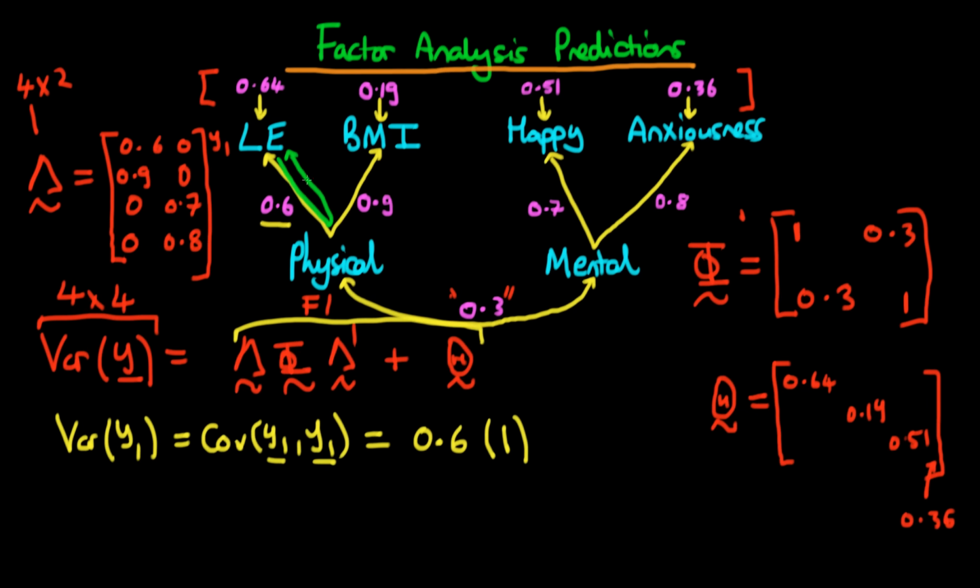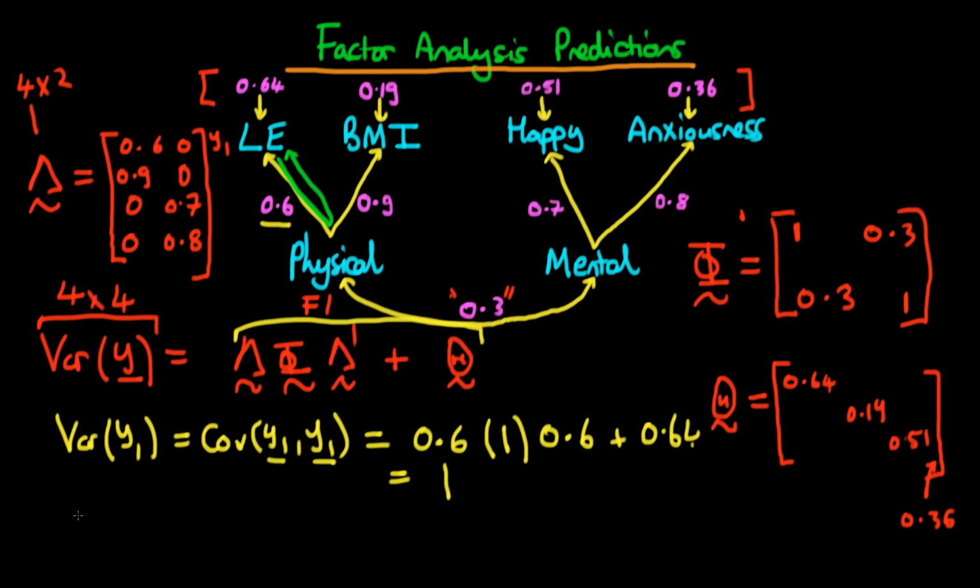And then finally we walk back up to life expectancy, and we are going to encounter 0.6 again, so we get a final 0.6. One more thing, because we're talking about the variance of a given indicator, we also have to add the variance of its error term, which in this example is just going to be 0.64, which if you actually do the arithmetic here, adds up to 1. And that's unsurprising because I've specified that we're dealing with standardized variables. Okay, so that wasn't too hard.